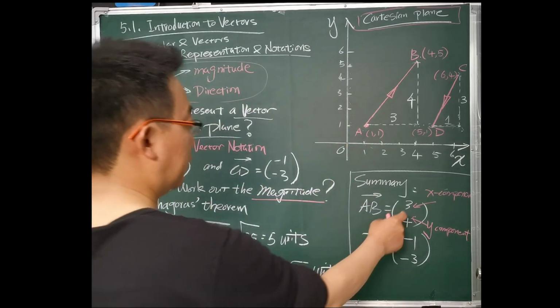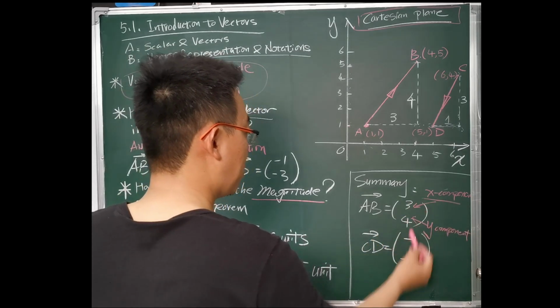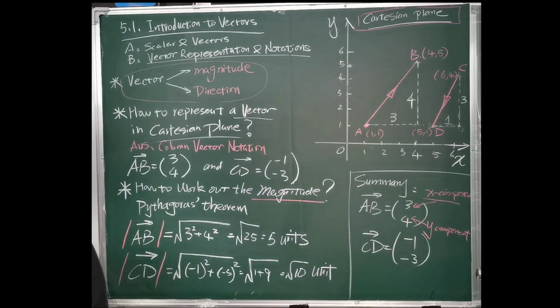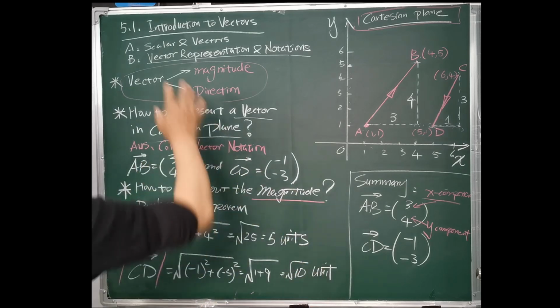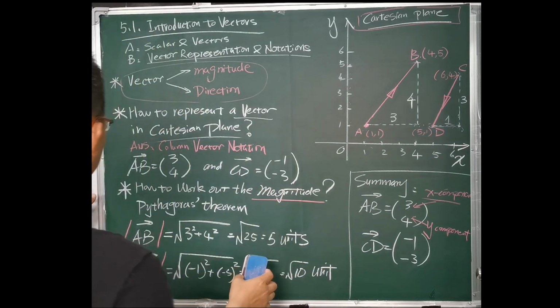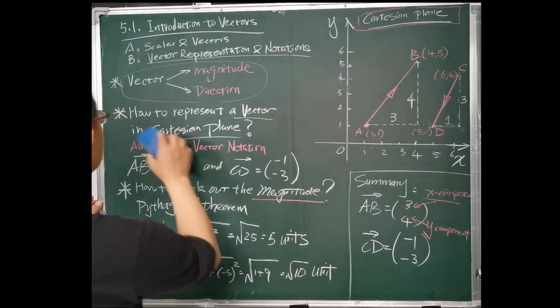So let's always write the X component on top and the Y component below. Okay, this is rather very clear. So let us remove this thing. Maybe probably we can summarize here.